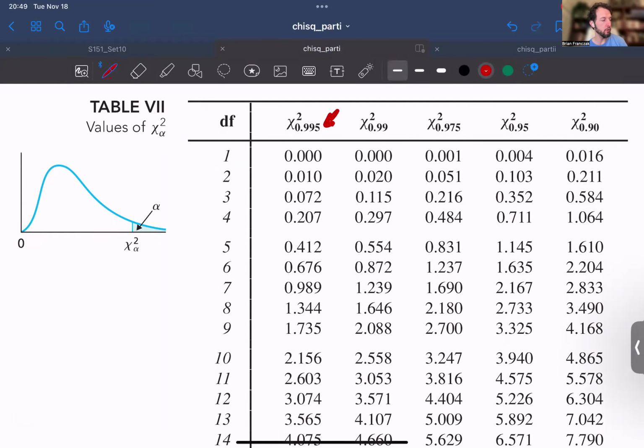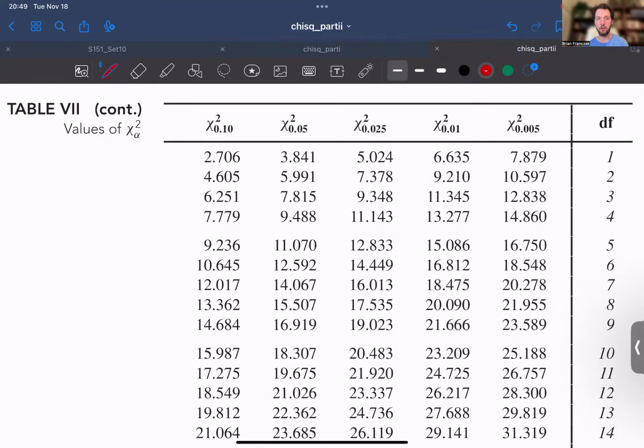As we scroll across any of these lines, reading the tables horizontally as if they were beside each other, we come to page two, and now our tail areas start to look more familiar. Most often we're going to be on the second page of the chi-square table when we're looking for critical values or p-values. But having that first page just allows us to do some fancier bounds.